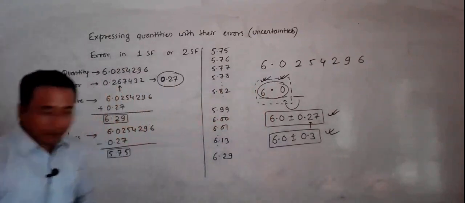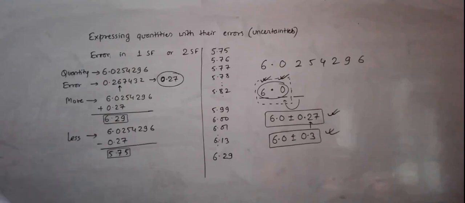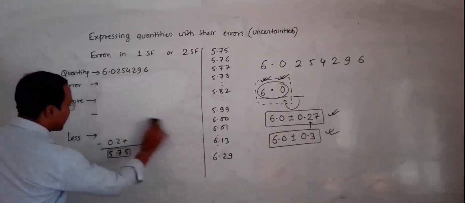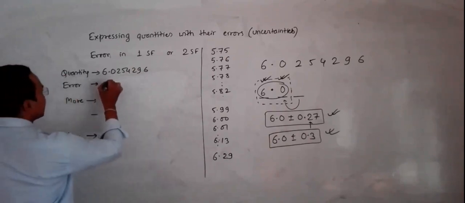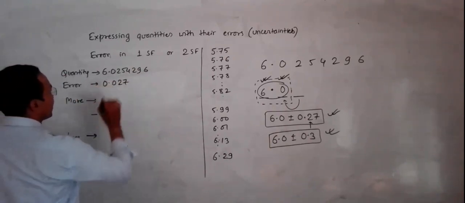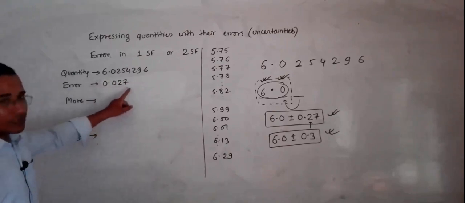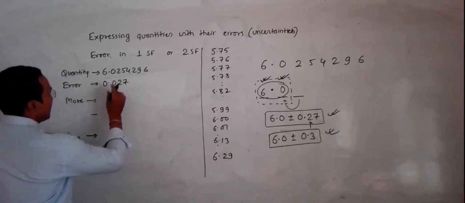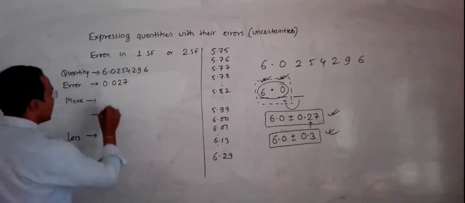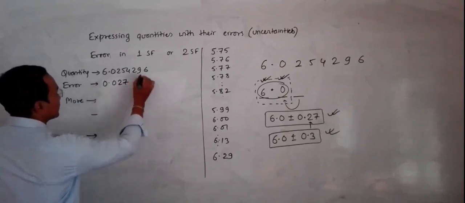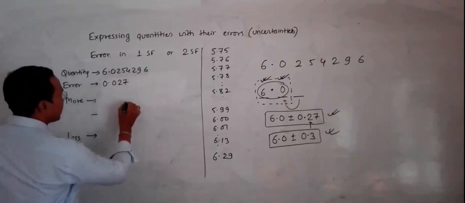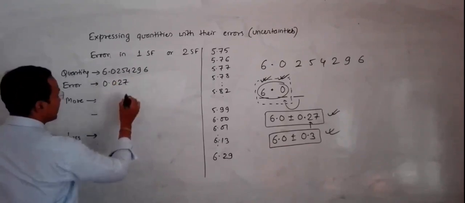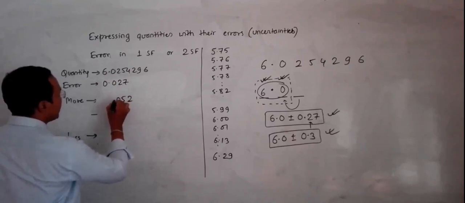Now if I have an error like this, let us say the error is 0.027, so it goes one digit backward. In that case, if I add them, I can write this and write this, so 7, 5, 12, this will be 3, 2, 5, 0.6.